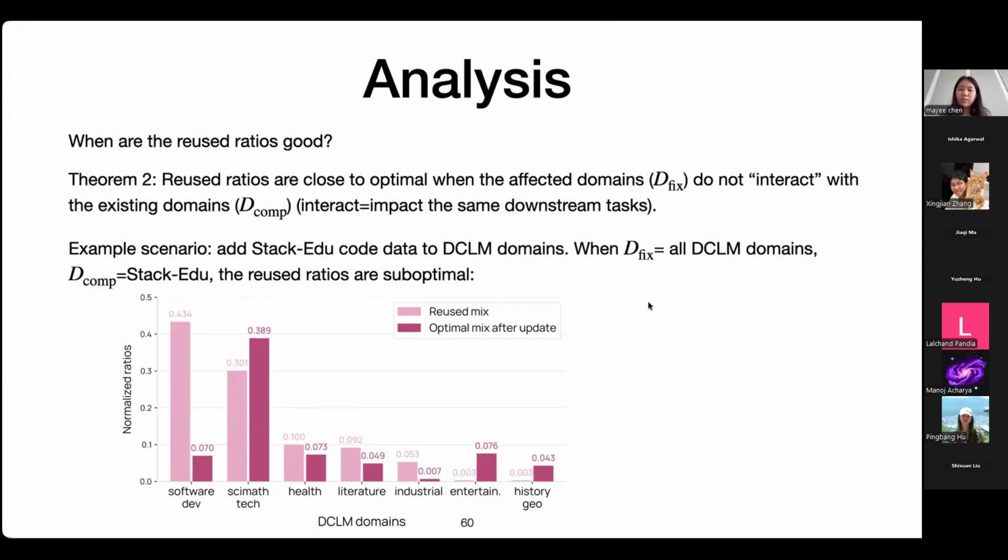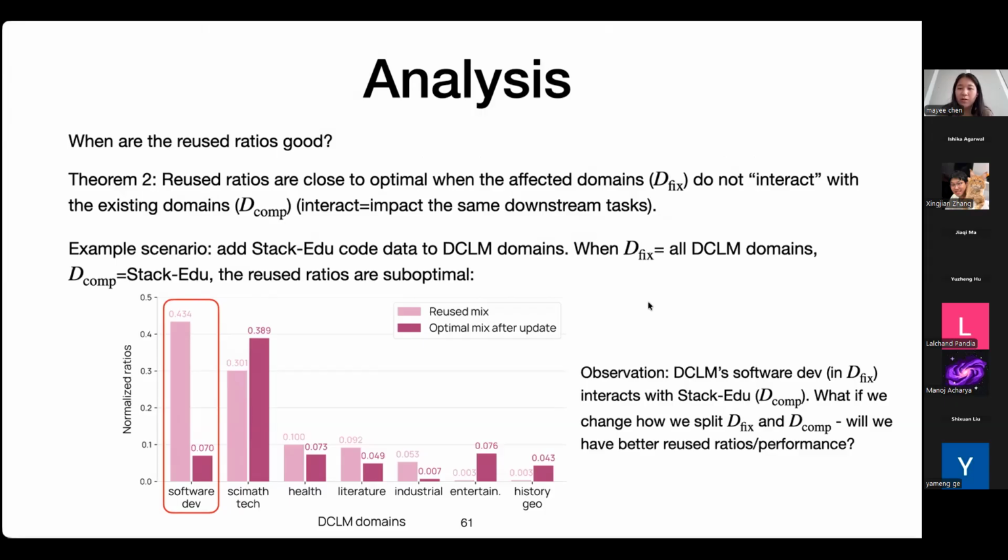And we'll show this by showing that changing the dfix versus the decomp will improve the reused ratios. So here, let's consider a case where we start with the topic domains from the DCLM baseline, and we add in some Stack-Edu code data. So the bar graph here shows how the reuse ratios over DCLM compares to the optimal ratios over DCLM after the update.